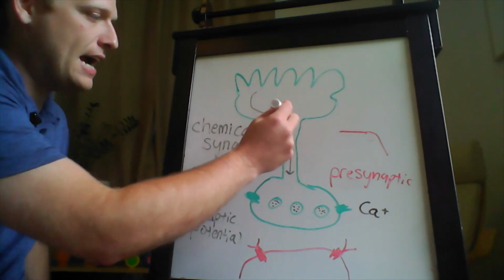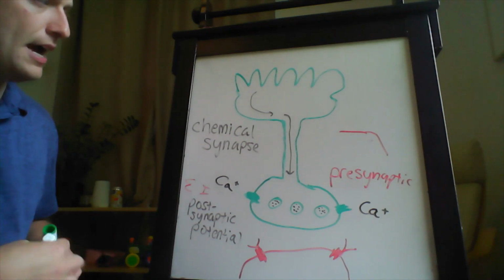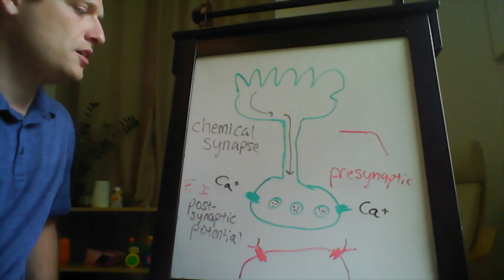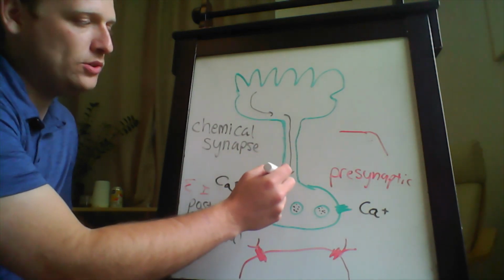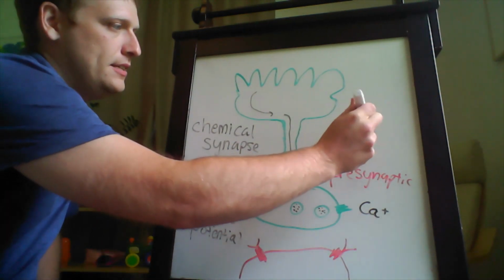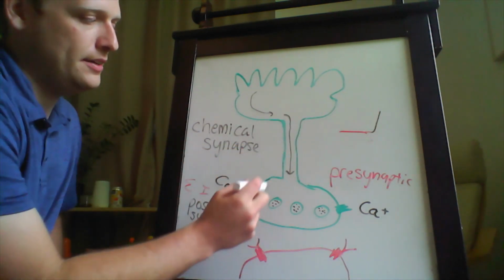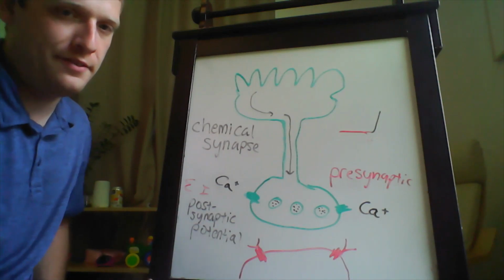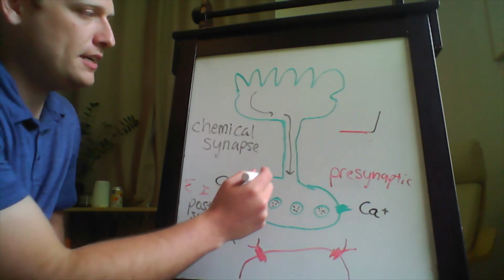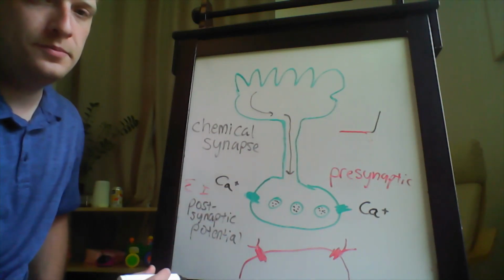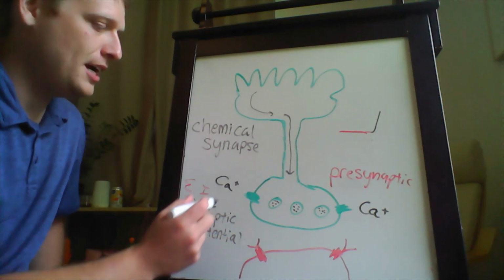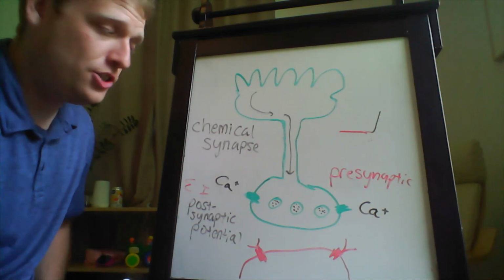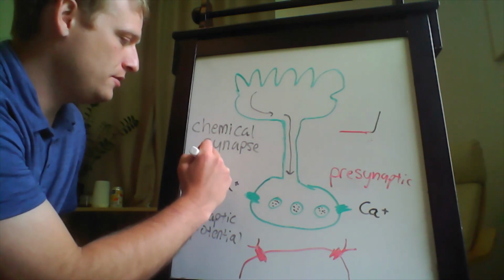So we've talked about the action potential, how it forms and is transmitted along the axon. Once that voltage increases down here near the synaptic terminal, this little bulb at the end of the neuron, that increase in the voltage is going to trigger a different type of ion channel. And this is a voltage-gated calcium channel.